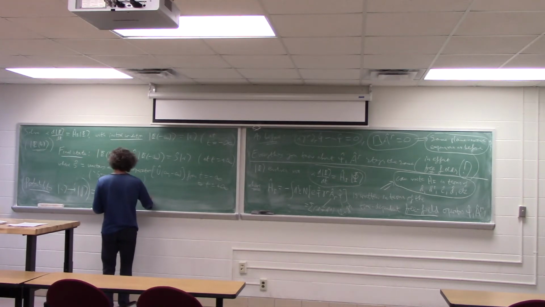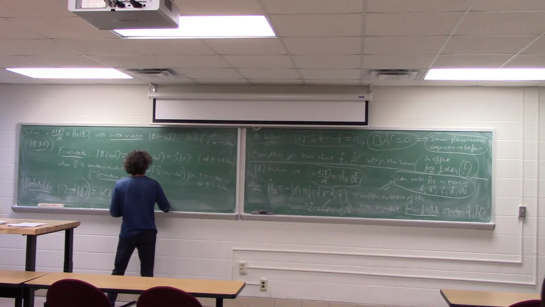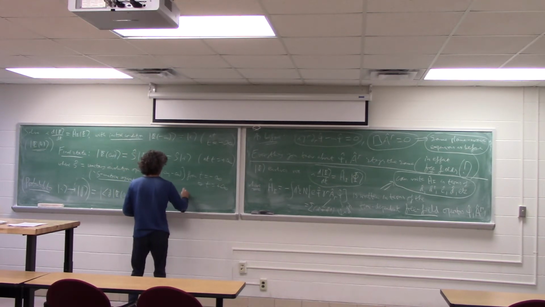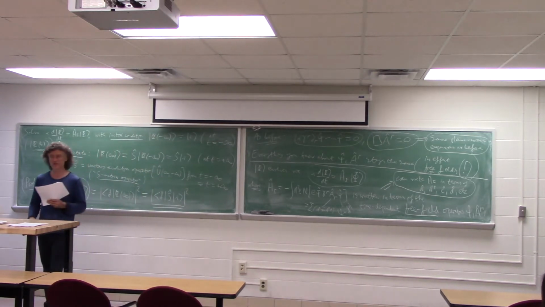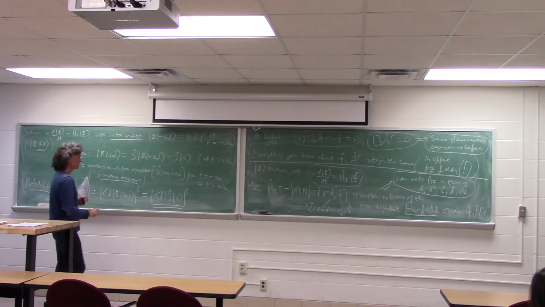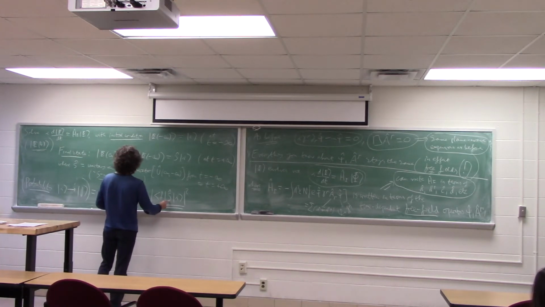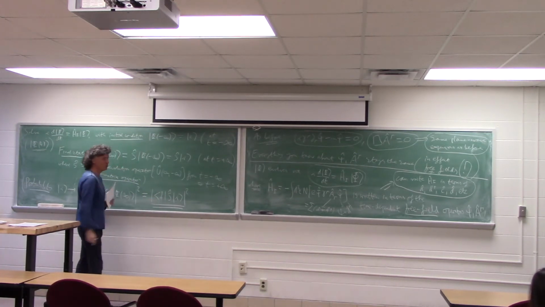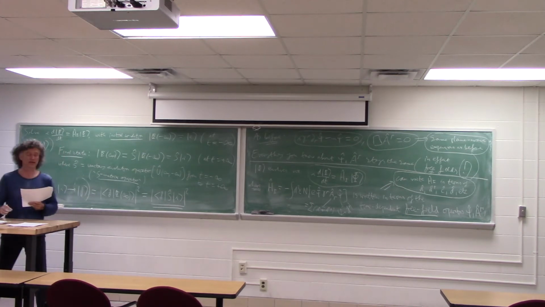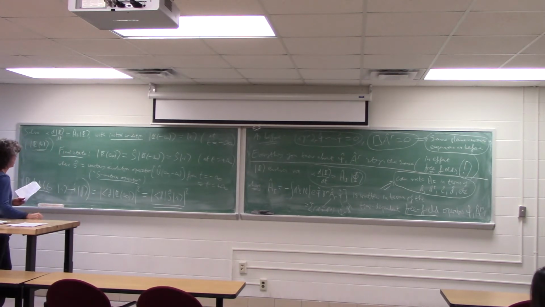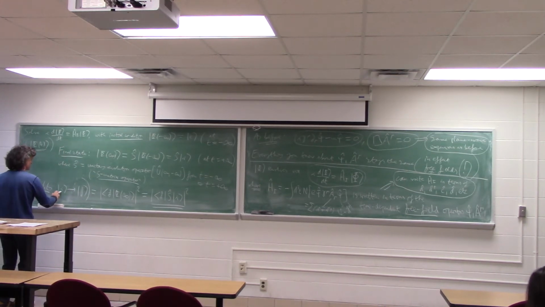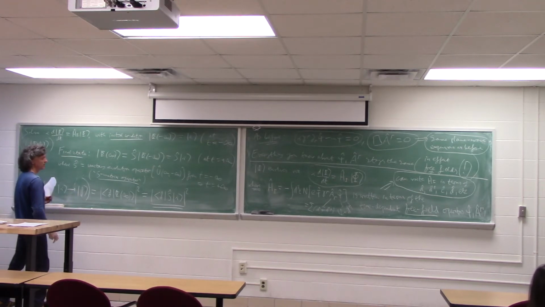So this can be written as just, in other words, the modulus squared of this matrix element. So in order to calculate the probabilities, the probability of a transition from an initial state to a final state is given by this.